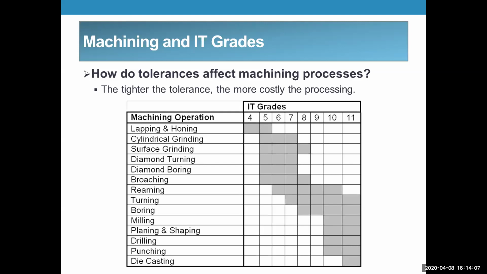One of the examples we looked at was A9, I think. So when you pick the fit and look at the table, we looked at a 30 millimeter loose running fit. There was an H11 C11.